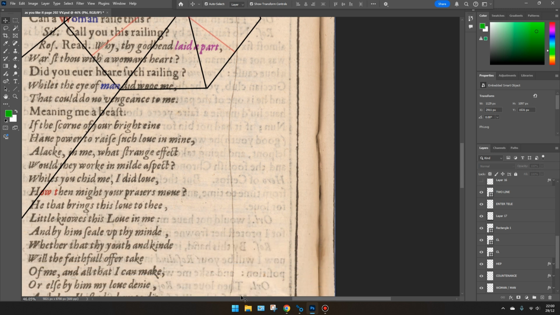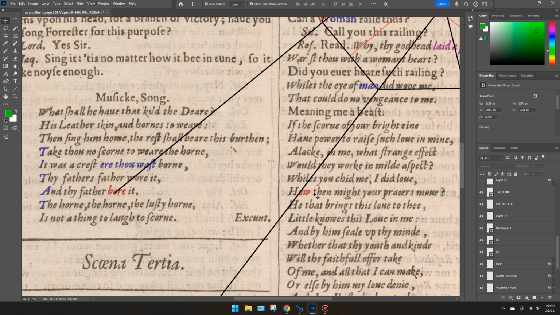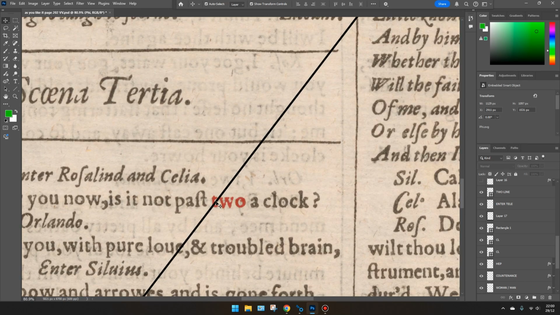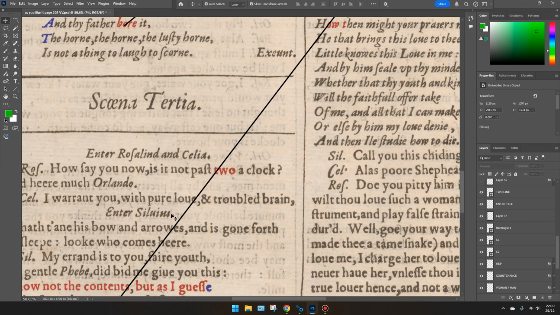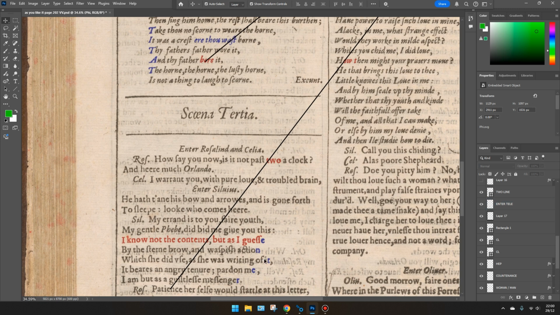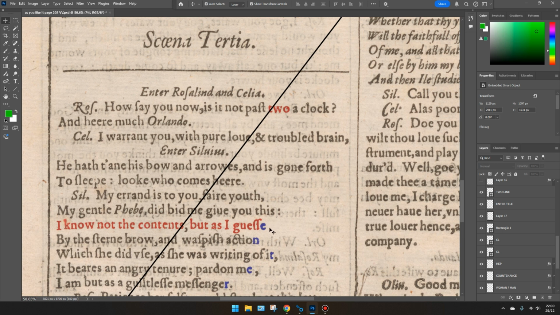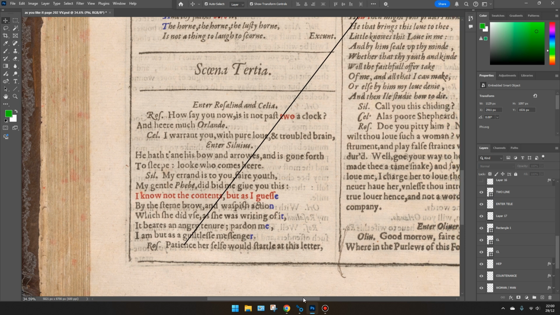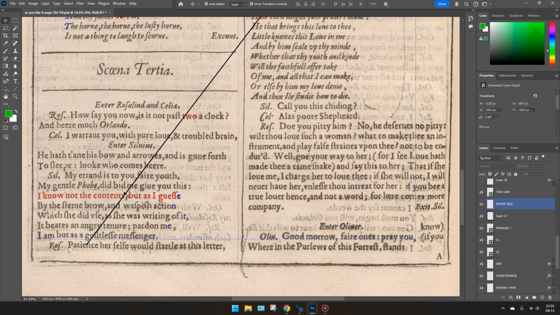If we keep coming down, we hit TWO running backwards. If we keep coming down, we hit TWO. And if we keep coming down, what we have is, I know not the contents, but as I guess, we have a telestic of ENTER, for enter.